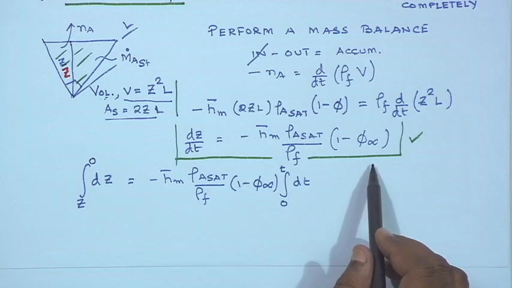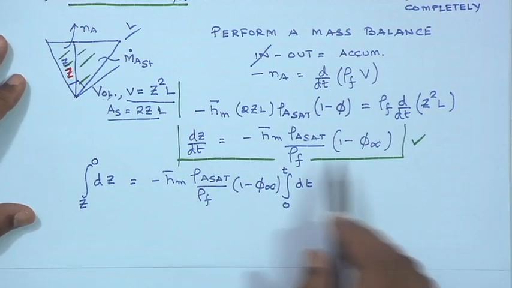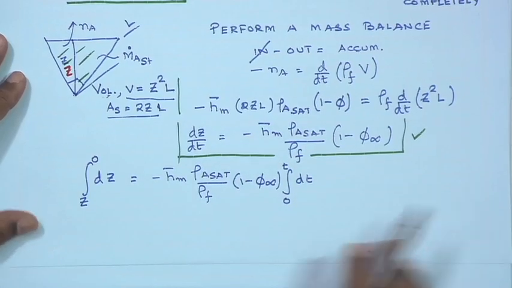So, even though z is not a constant, since the area available for evaporation changes with time, dz/dt is a constant. So, the rate changes, but the rate of decrease of the water level will remain a constant, as suggested by the expression of dz/dt here. Everything here is a constant.